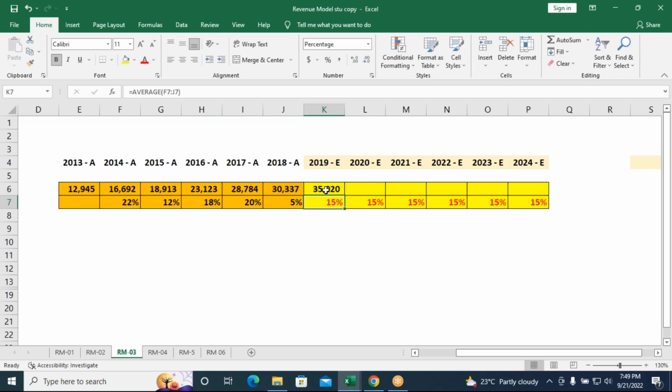Are you getting this? Yes, ma'am, I'm getting this exact value, but for other years there is a difference of one or two. Down also you are getting 15% only, right? Yes, ma'am. Then why is the difference coming?